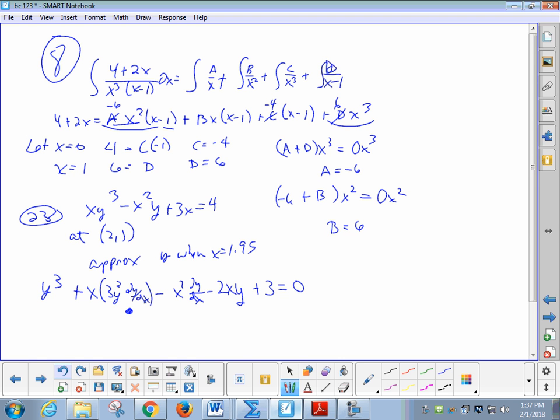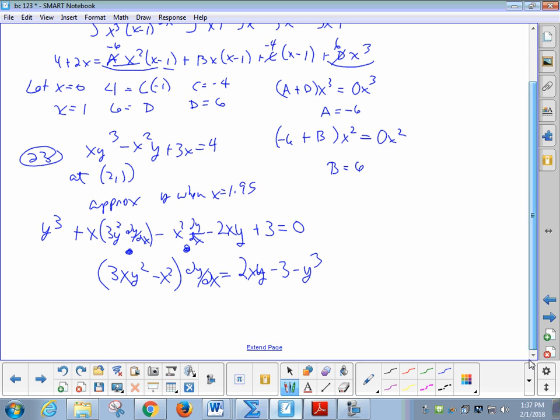These two guys are dy dx-ish, so I'll call it 3xy squared minus x squared dy dx's. And then on the other side I would have 2xy minus 3 minus y cubed. Do you agree with that? dy dx is 2xy minus 3 minus y cubed over 3xy squared minus x squared.